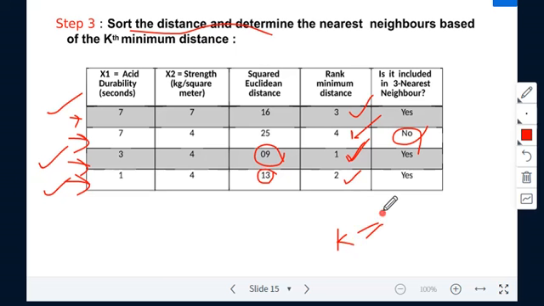We are taking the k value as 3, so we arrange the instances in ascending order and give the rank 1, 2, 3. Since k is equal to 3, only the first 3 we will take. That's why it is yes here, yes here, yes here, and this is no, which means it is farther.